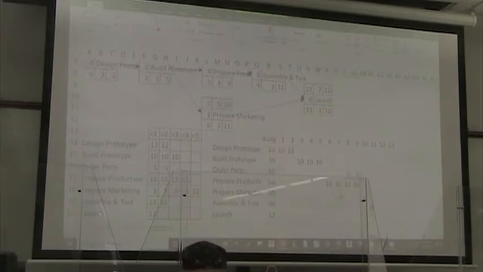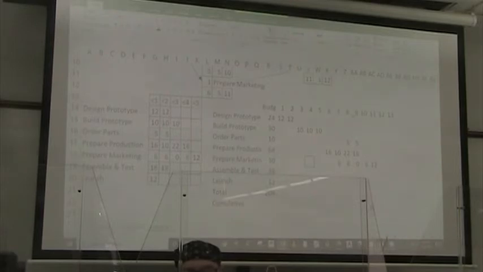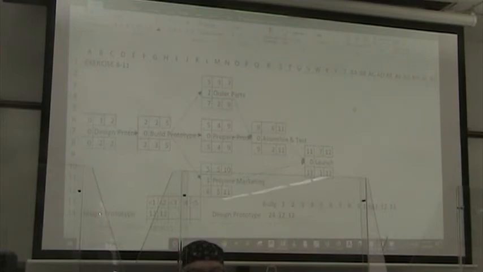So we could go equals all right, so assemble and test has to start happening in week 9.